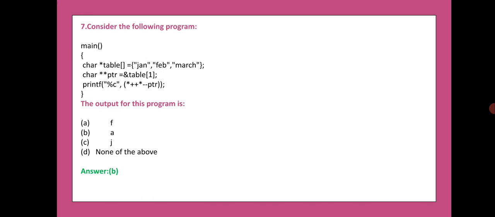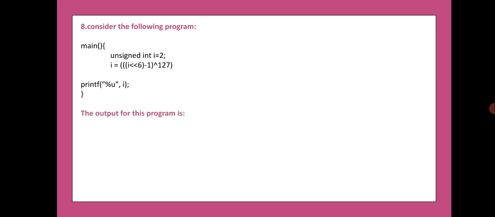Let's move on to the next question. Unsigned int i = 2, i = (i << 6 - 1 ^ 127), and we are trying to print %u i.